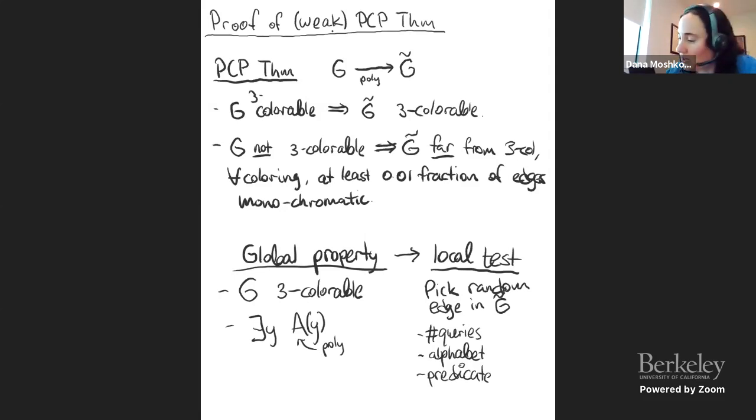Actually, now that I think about it, I should use some highlighter. Yes, good. If this property is easy, if you can distinguish between this and this in polynomial time, then you can do it within your polynomial time procedure, and then just have two fixed instances here.